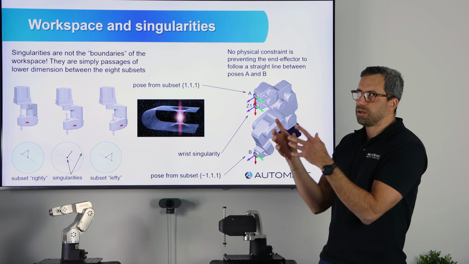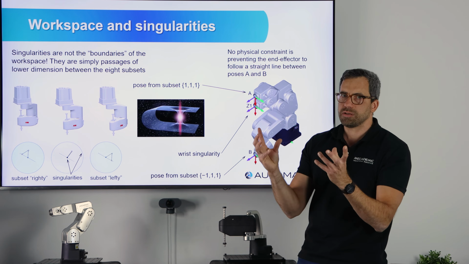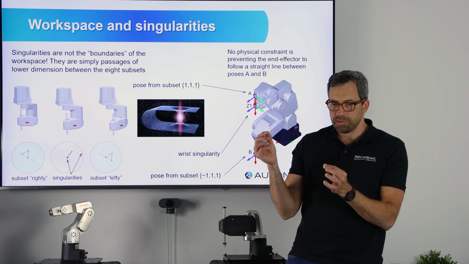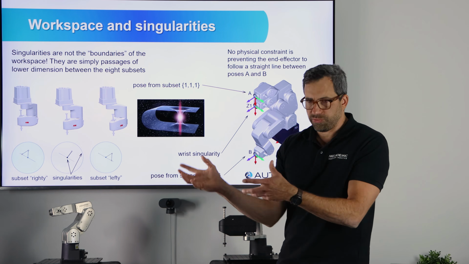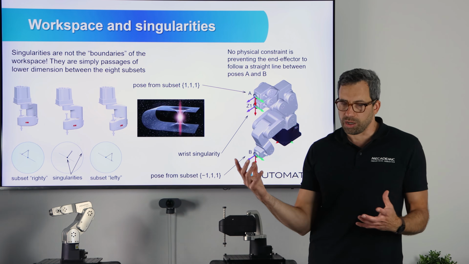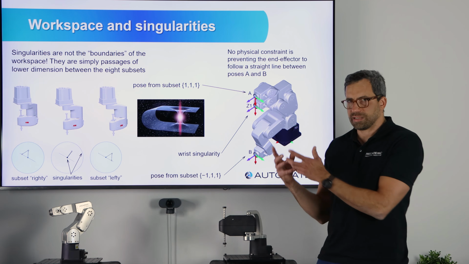And this passage is not a boundary. It's just that instead of being 6-dimensional, it's 5-dimensional. So you lose some degree of freedom, but you still have 5 degrees of freedom to cross this singularity. So there is no problem. You can do it. Mathematically there is a problem, but physically there is no problem.